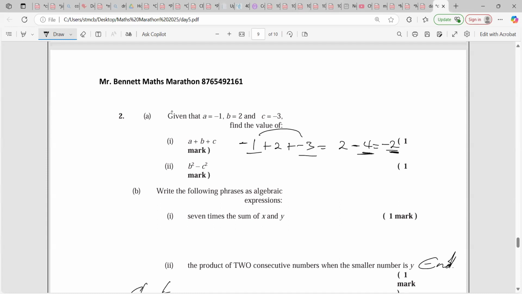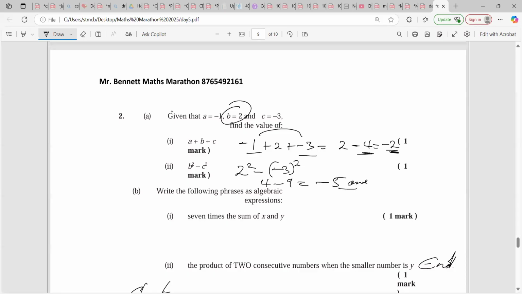Alright, B squared minus C squared. Now B is 2, so that's 2 squared minus (-3) squared. So this is going to be 4 minus 9, which is -5.